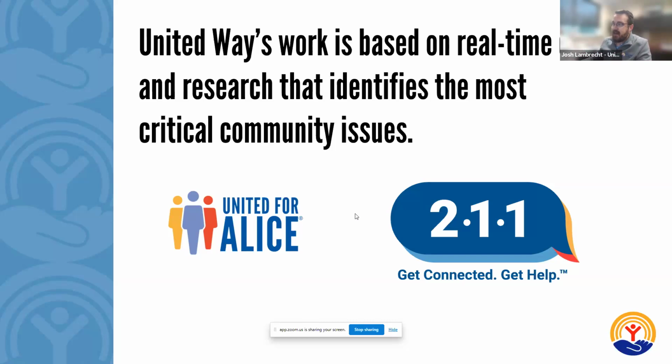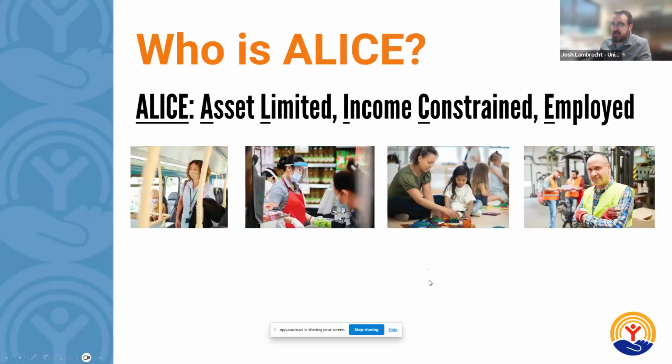So with that, I'm going to shift gears and start talking about that ALICE a little bit more. And as Stephanie introduced, ALICE is an acronym, stands for Asset Limited, Income Constrained, and Employed. During the COVID pandemic, many of these workers were identified as essential, right?